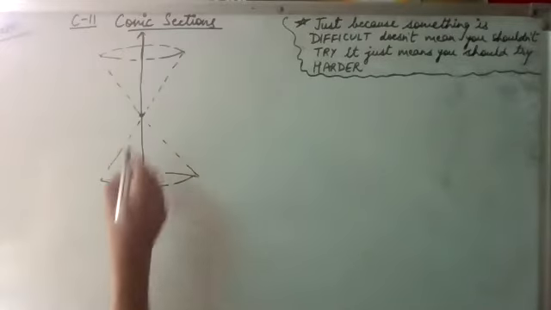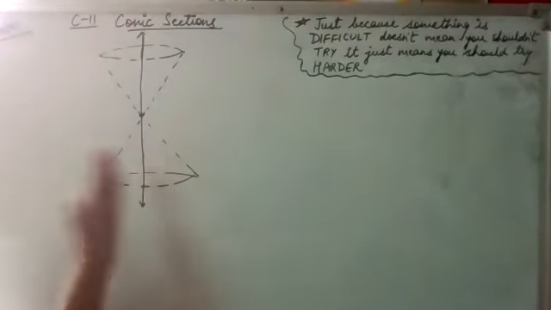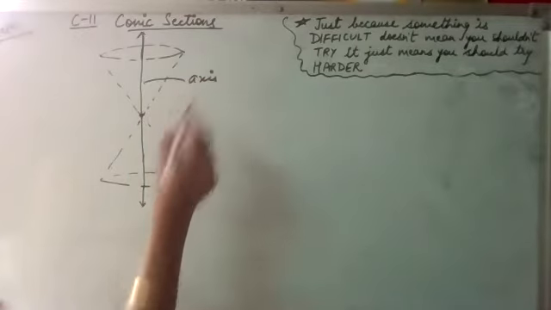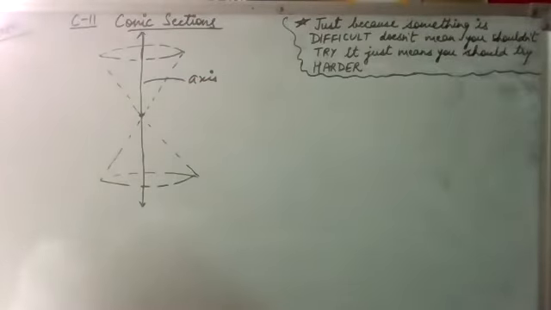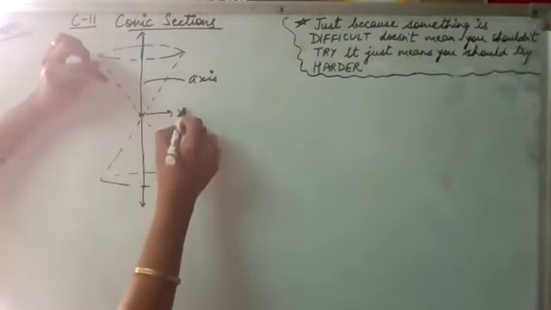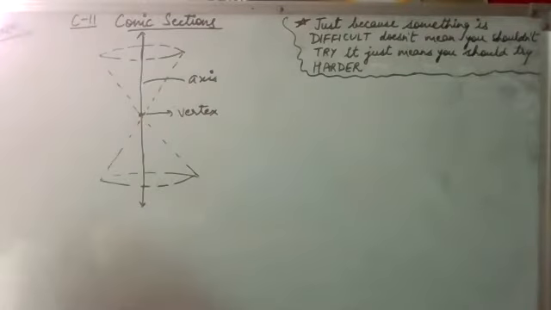The fixed line that we were taking, the pen that we were taking fixed, that is the axis of the cone. When we were rotating it, this fixed point is the vertex of the cone.